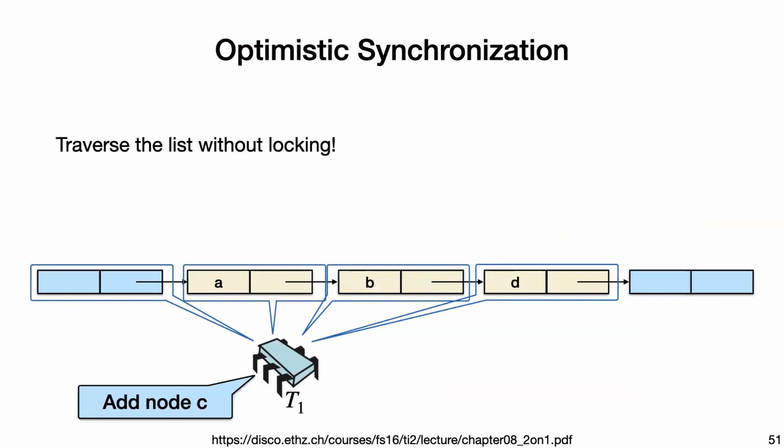with something called optimistic synchronization. The high level idea behind optimistic synchronization is that when you do the list traversal, you're grabbing these locks, but you don't need to edit everything on the locks that you're grabbing.